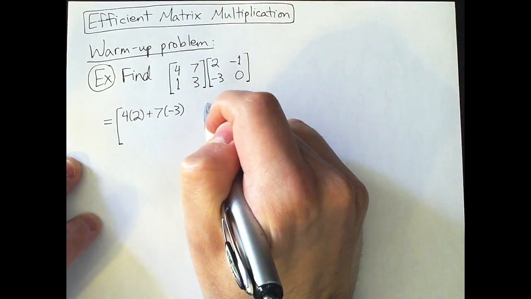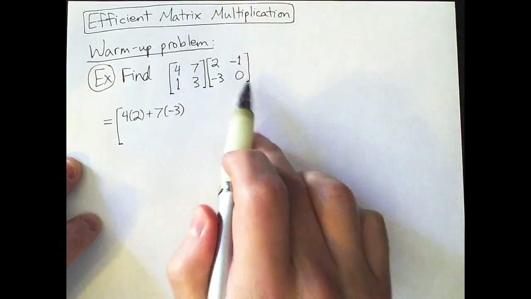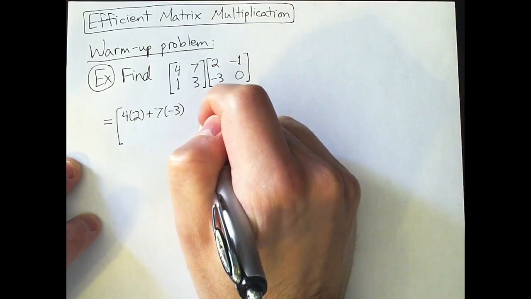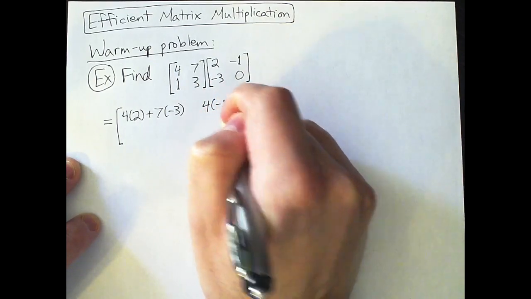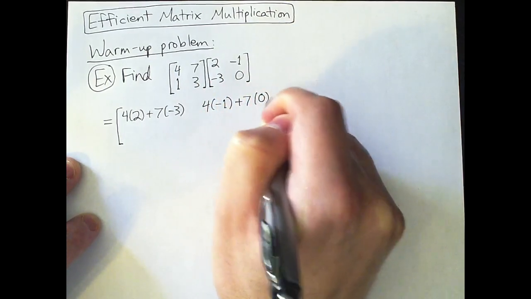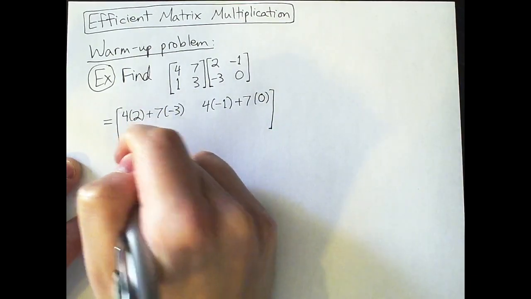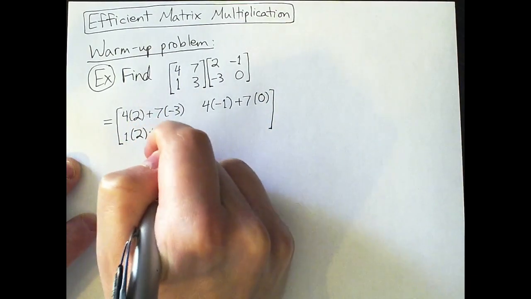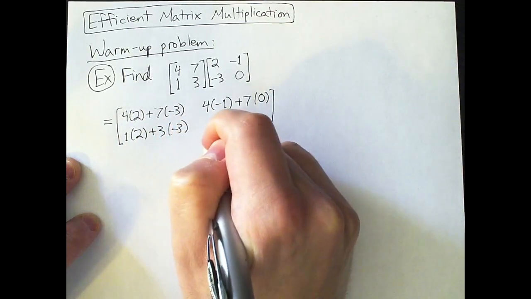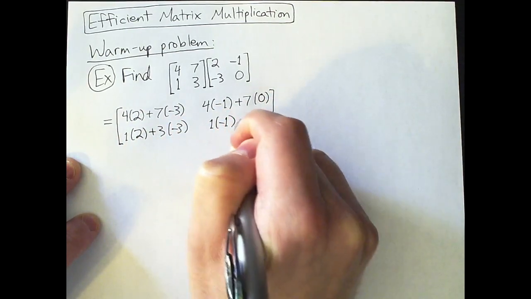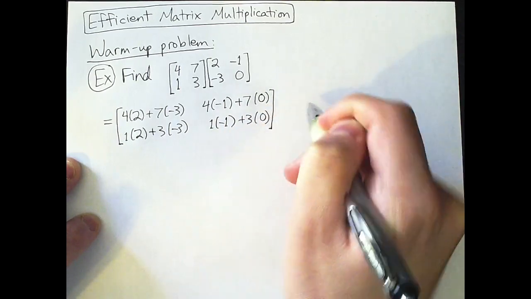For the entry in the upper right, we use row 1 of the first matrix and column 2 of the second matrix. So 4 times -1 plus 7 times 0. And continue to get 1 times 2 plus 3 times -3 and 1 times -1 plus 3 times 0.